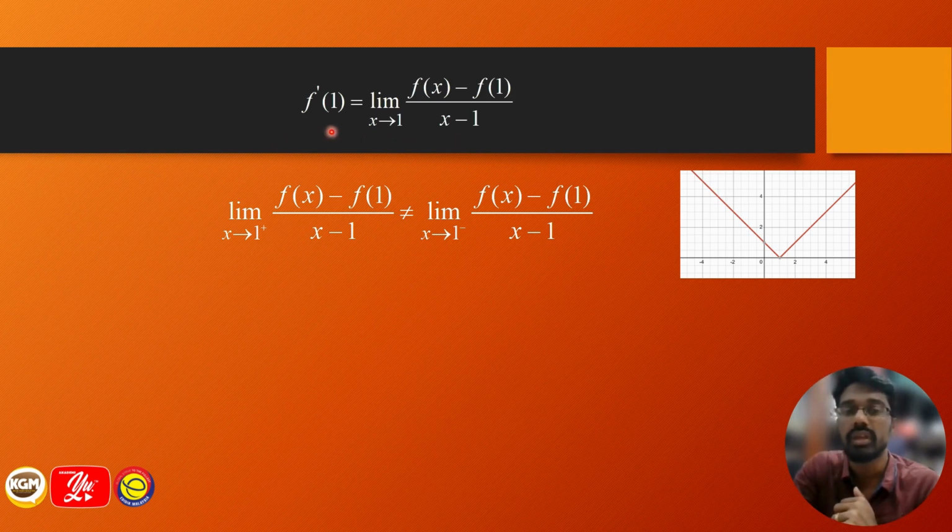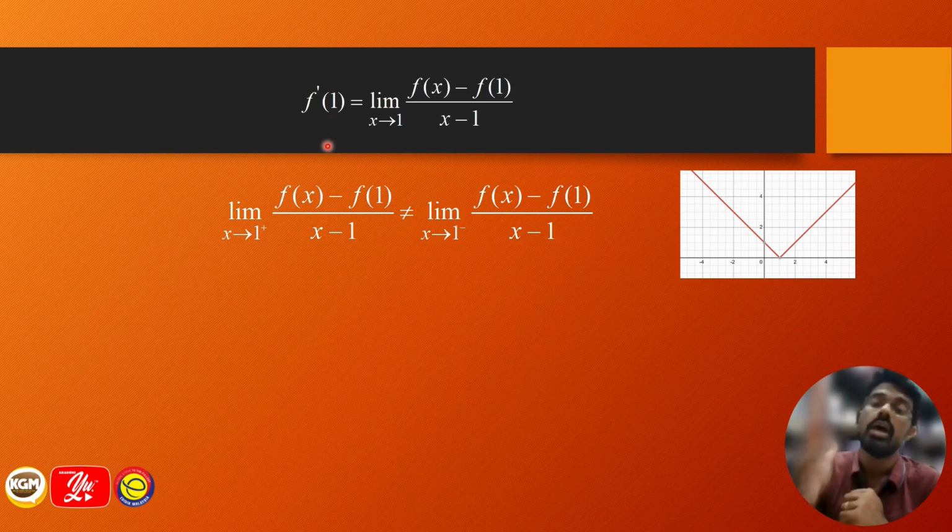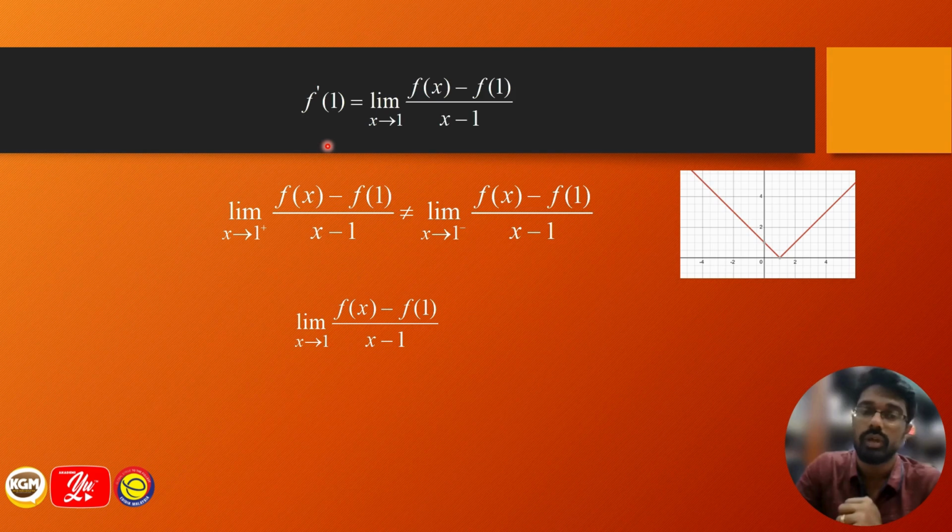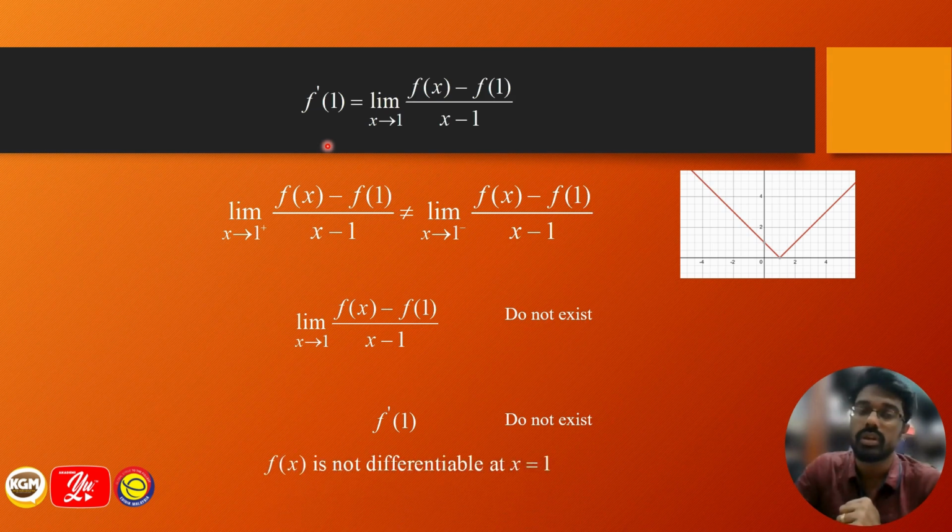Because this does not exist, that's going to affect this one. This doesn't exist as well. And we can safely conclude it is not differentiable at 1. So let us sum it up. The limit doesn't exist. Conclusion, f(x) is not differentiable at 1. It is very important for you to wrap it up like this. Write your working like this so the examiner is very clear of your intention.